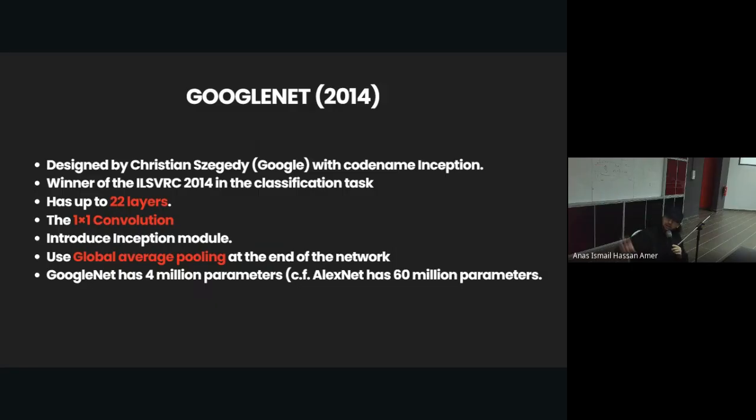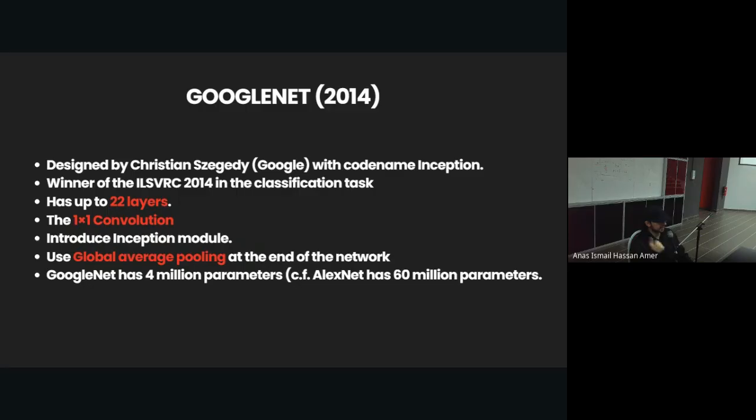It also used global average pooling, which is another type of pooling, different than max pooling. So instead of just picking the maximum value of this matrix, it calculates the average of this matrix. Overall, it only had 4 million parameters.